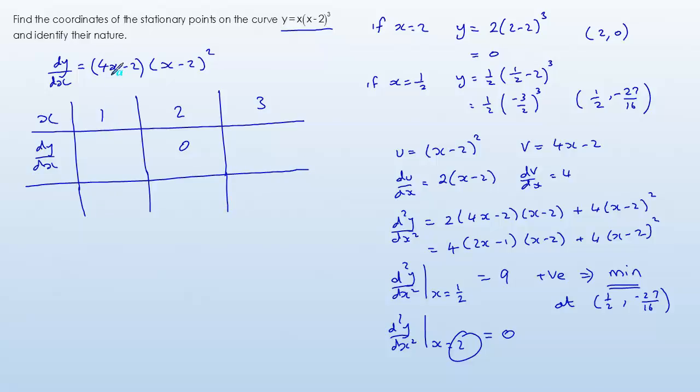So substitute 1 in and we get 4 take away 2, 2, and this one's going to be positive because it's squared, so that's positive. And then for 3, this would be 6 minus 2, so that's 4, and that's going to be positive. So it goes positive, 0, positive, so it must be a horizontal point of inflection at (2, 0).